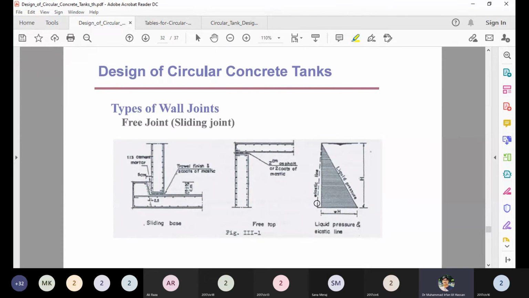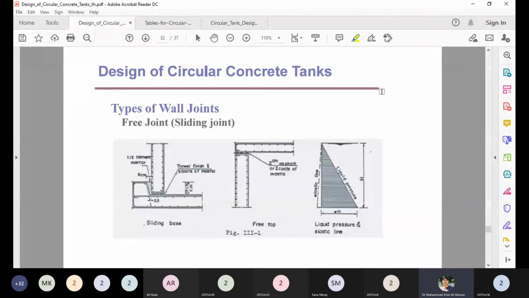Now next are the forces in the tank in the vertical direction. We have discussed the hoop forces which are in the horizontal direction, along the circumference, but there are also forces acting on the walls of the tank.